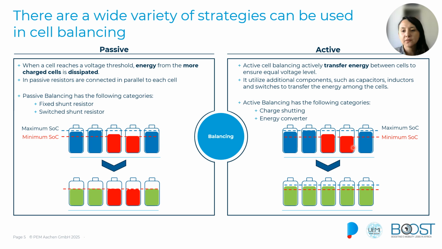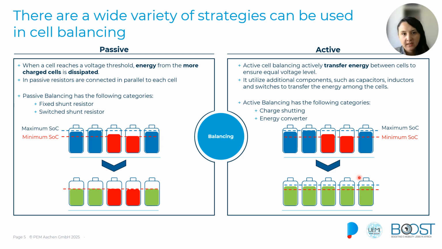Here, instead of using the cell with the minimum state of charge as the reference and trying to make all of the other cells reach the lowest SOC, we are going to start sharing energy between all of the cells, using the energy of the cells that have more energy to charge those that have less energy. And as you can see, in the end, it will be more efficient since all of our cells will have a higher state of charge.